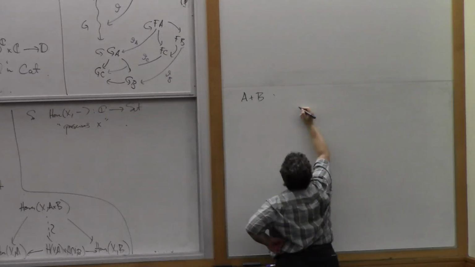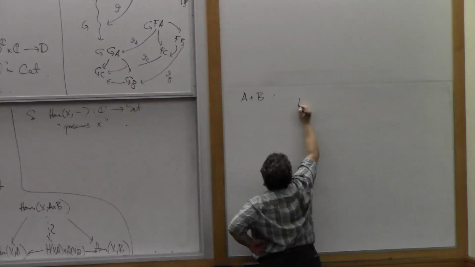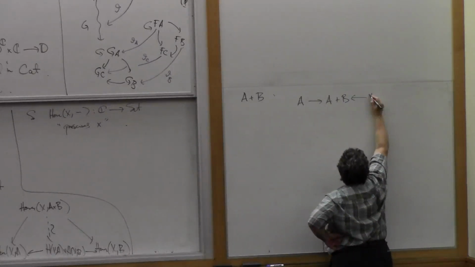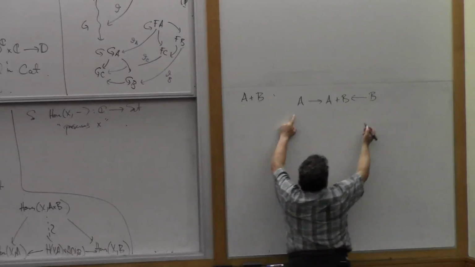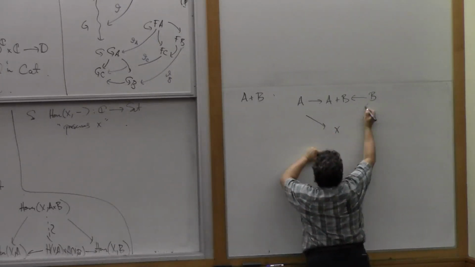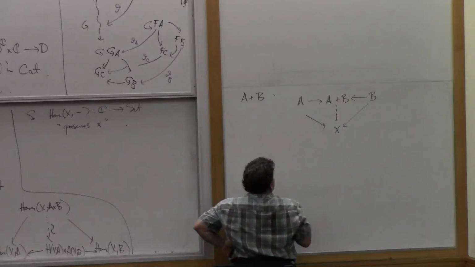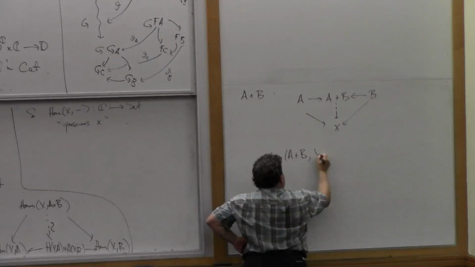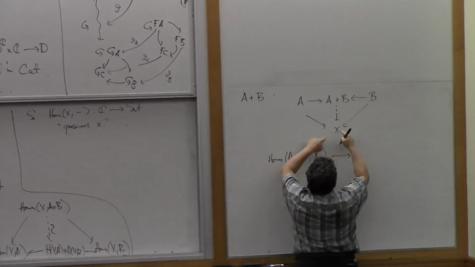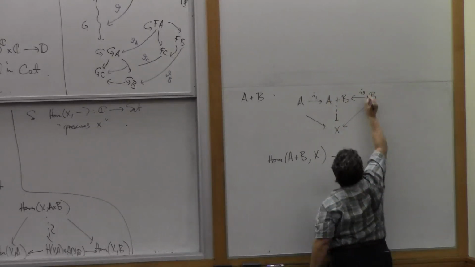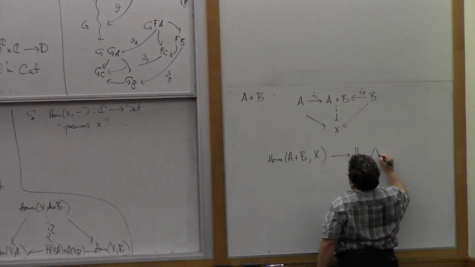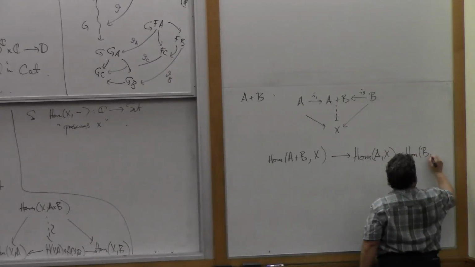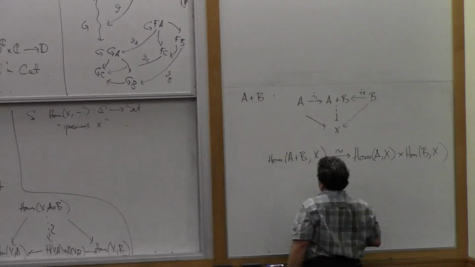You have the maps into A plus B, and now let's think about what happens when you hom out of this into some other object X. If I take Hom(A + B, X), and I compose on the one hand with I1 and on the other hand with I2, I get a pair of maps, one from A into X, and the other one from B into X. And the universal mapping property again says that that's an isomorphism.